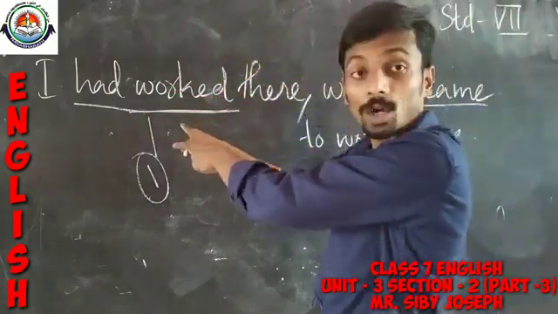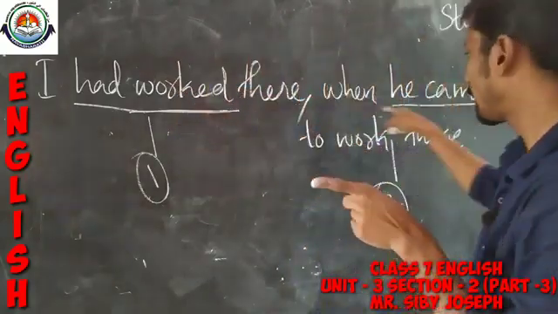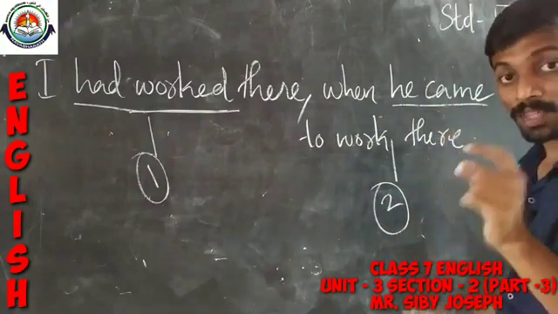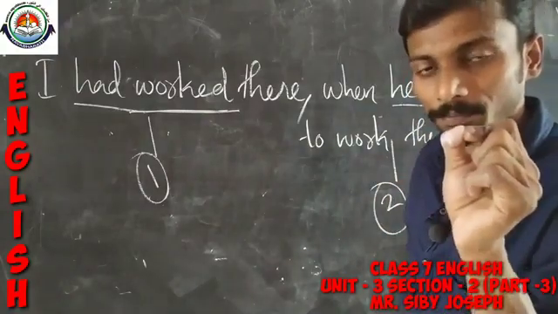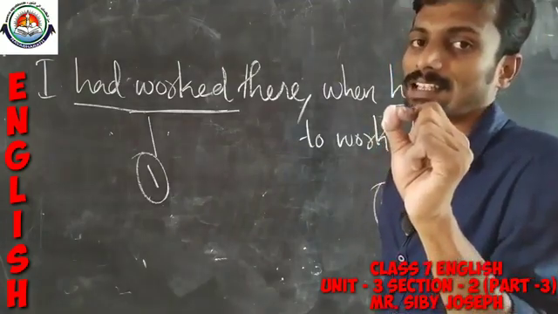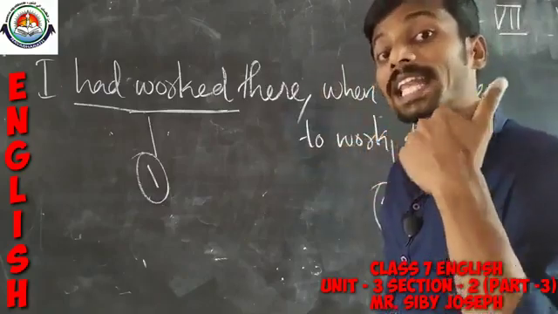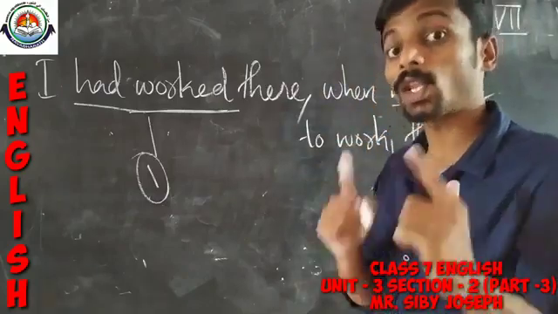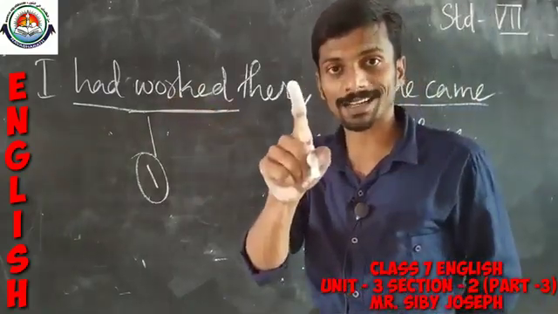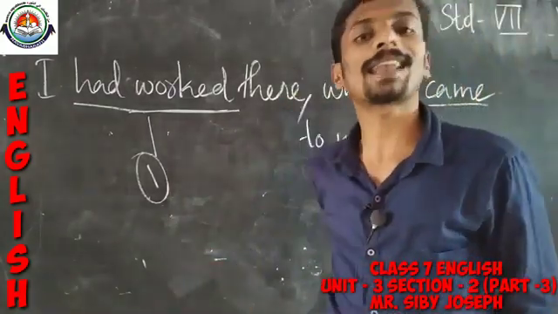So, he had worked there is the first action. Then only this action happened. So, if you want to speak about two things which have already happened, you can use past perfect to speak about the first action and simple past to speak about the second action.